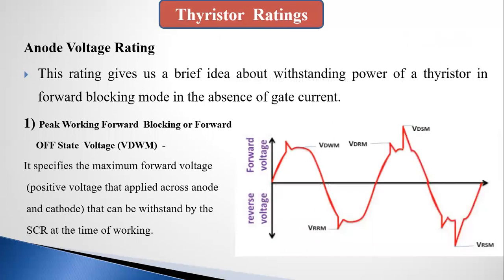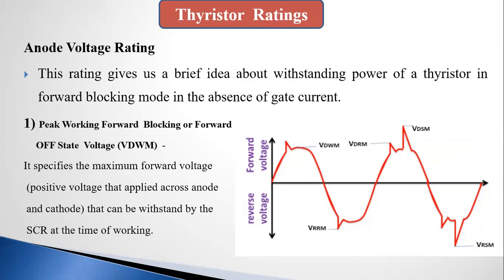Now, first we will discuss the thyristor rating, that is the anode voltage rating. This rating gives us a brief idea about the voltage the thyristor can withstand in forward blocking mode in the absence of gate current.